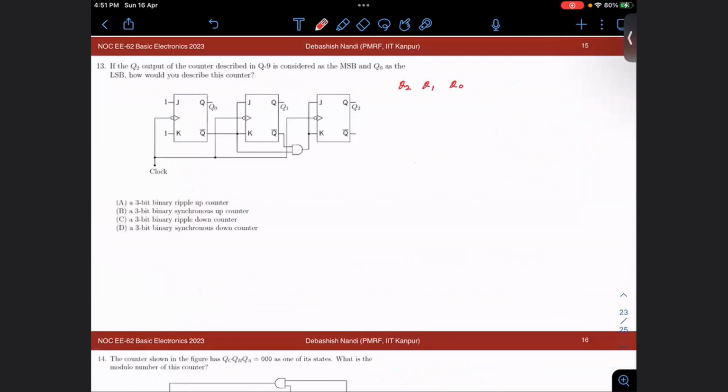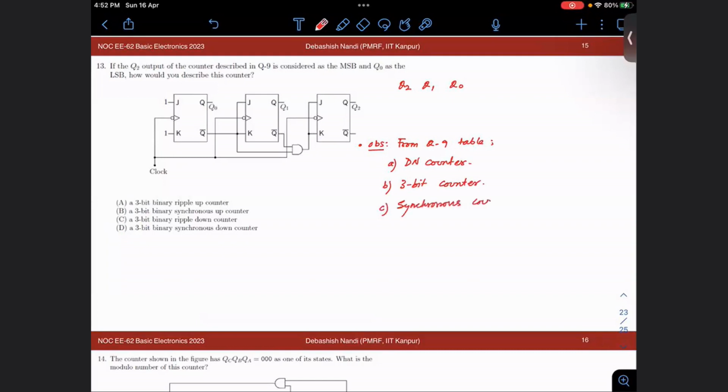First observation from the Q9 table. A, it is a down counter. B, it is a 3-bit counter. C, it is a synchronous counter.